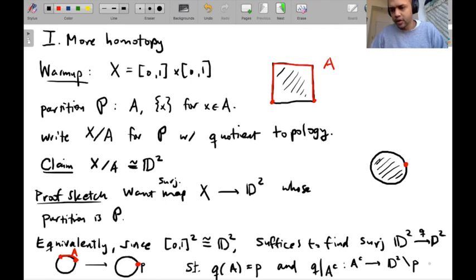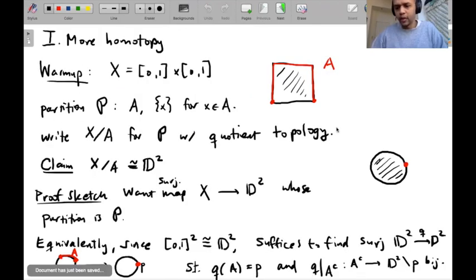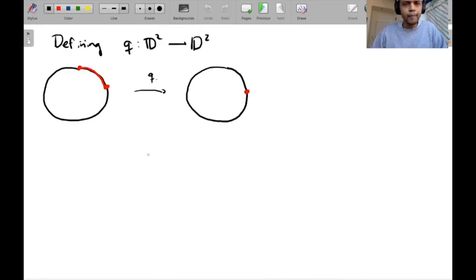And since the map is surjective, it should be a bijection. That's really what we want. Before, with what I had written, it would have been possible that you might have points in A complement that also map to this point P, but we don't want that, because otherwise we don't get the right partition.